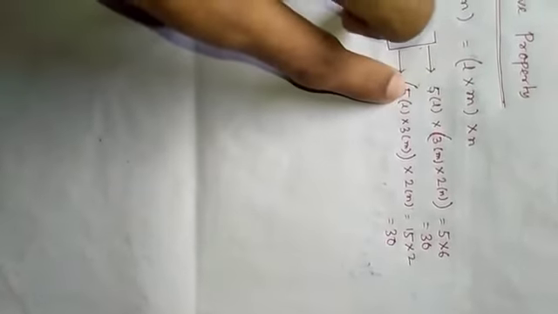So they will have the same value. That means the associative property of multiplication allows us to group factors in different ways to get the same product. So it does not matter where you put the parentheses.